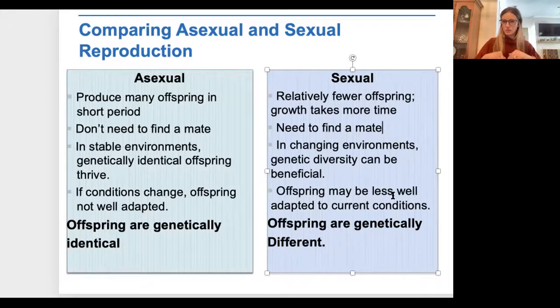So that's like this offspring generation is going to go through natural selection where only the survival of the fittest, the best are going to survive and they're going to reproduce. And so in the future, the offspring are going to be benefited. So big takeaway from sexual reproduction is that offspring are genetically different.